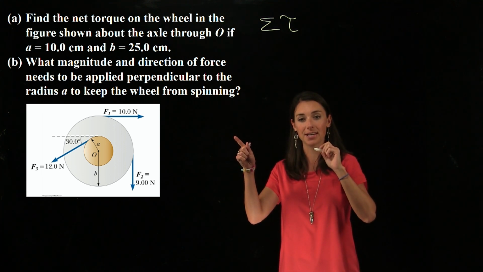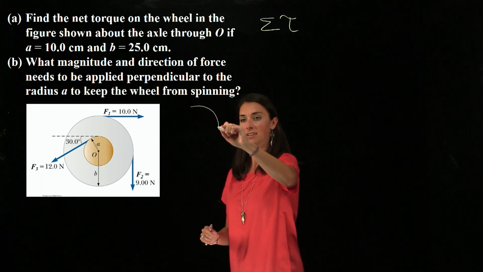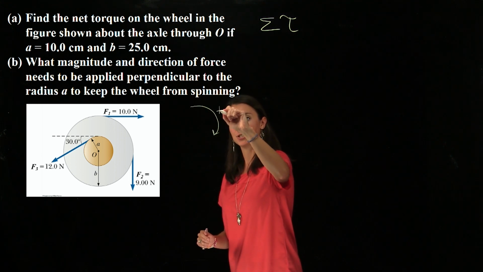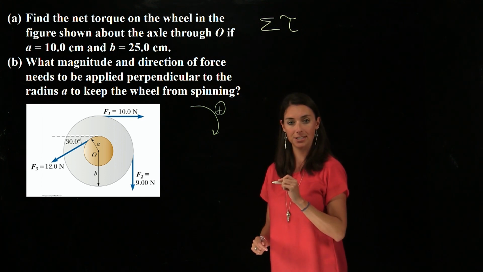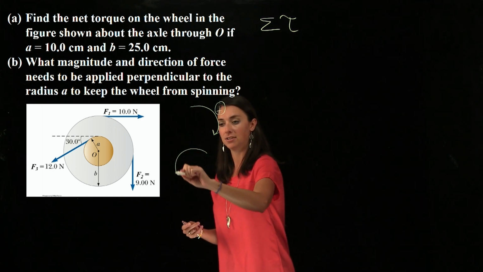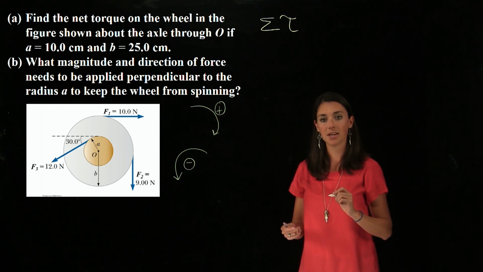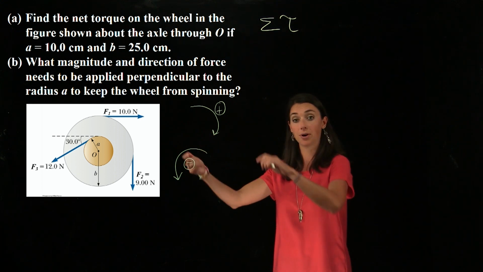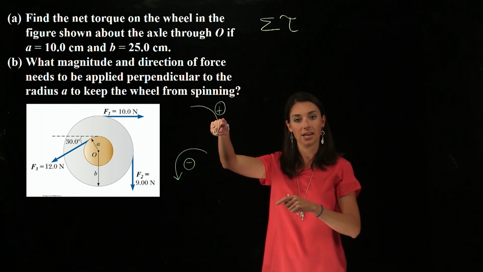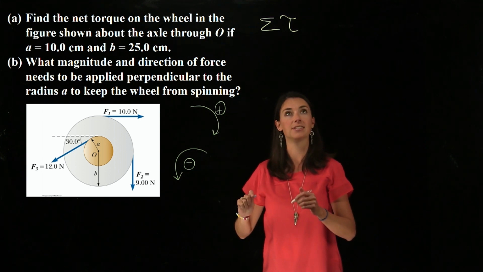So for force 1, I'm going to choose things that could cause this direction of rotation, clockwise, to be positive, and I'm going to choose things that work against that, going in the other direction, to be my negative direction. Okay. So F1 and F2 are going to work together in this way. So that's your positive direction. F3 will be working against it.